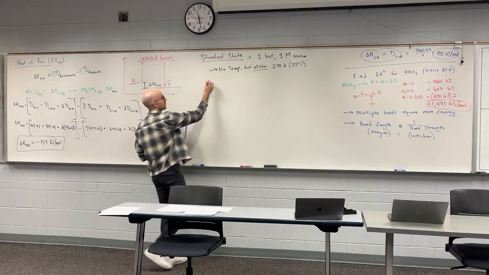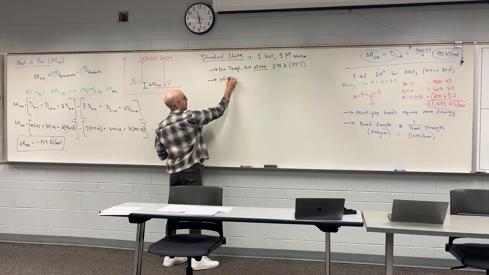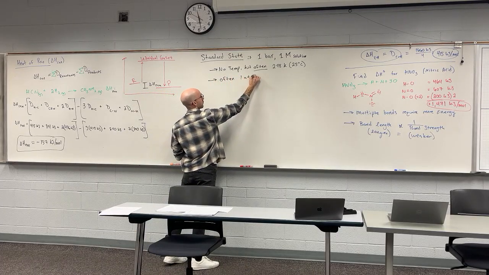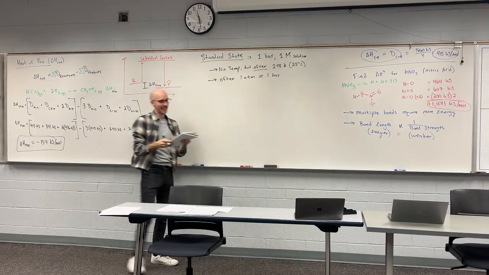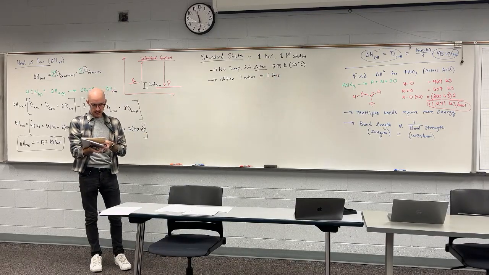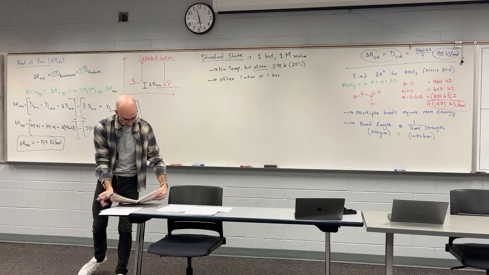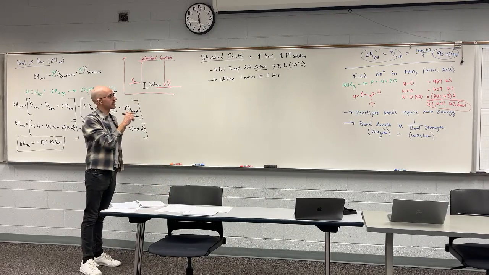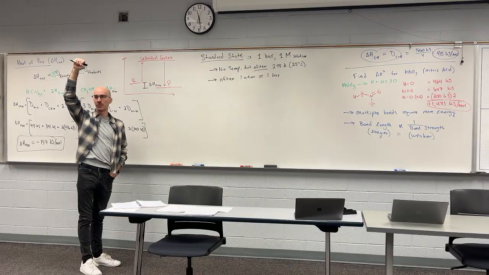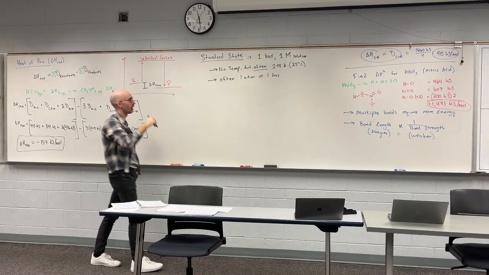And then oftentimes, we're given 1 atmosphere, which is close to 1 bar. It's not exactly 1 bar, but they're very, very close to each other. This is actually what gives us that naught symbol, delta H with the circle on top.